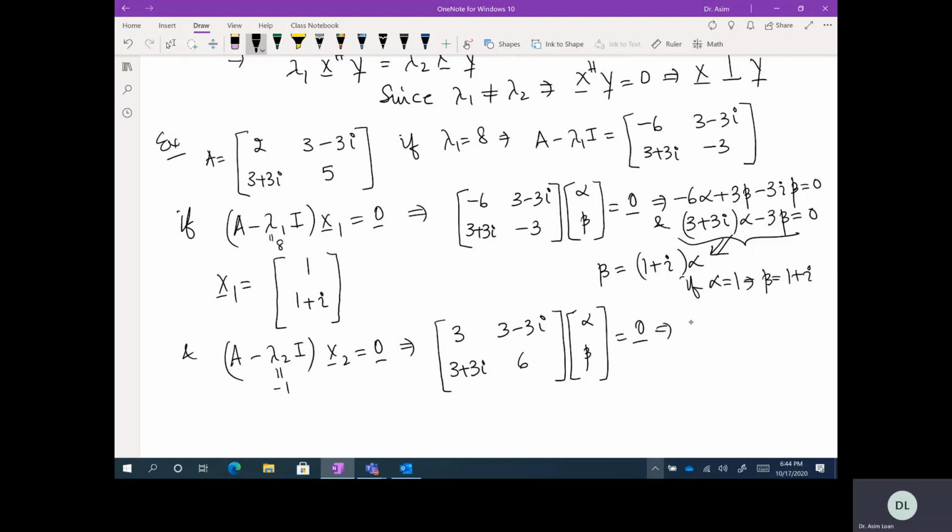So this implies 3 alpha plus (3 minus 3i) into beta equals 0. So from here we can see alpha is equal to minus 1 plus i into beta.